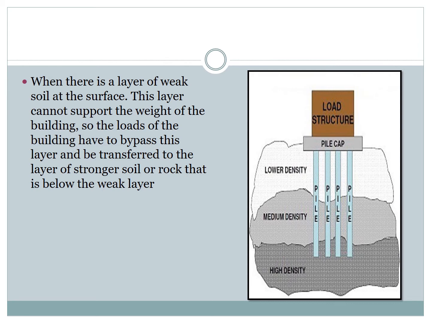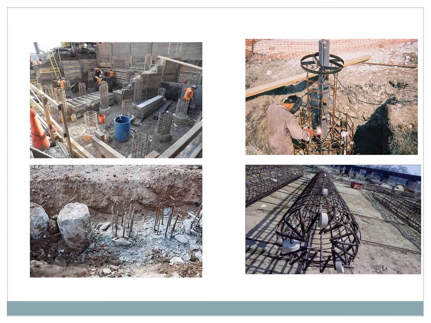From this figure you can see pile foundation is used to transmit the structural load through a zone of poor soil to the depth where the soil has the desired capacity to transmit the load. This is the actual image of a pile foundation. Here you can see how to construct the pile at the site.